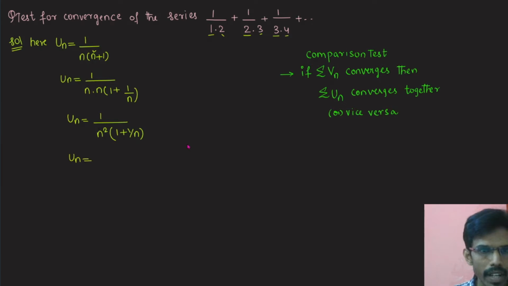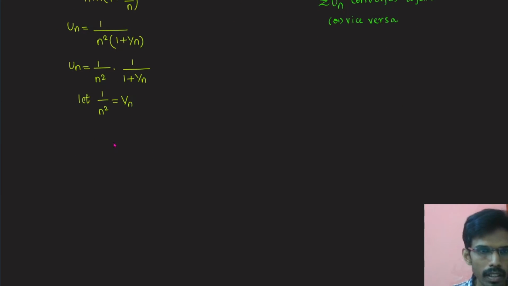Now this can be modified as 1 by n square into 1 upon 1 plus 1 by n. Now take this 1 by n square as Vn. Then this un will become Vn into 1 by 1 plus 1 by n. Now divide by this Vn, we have un by Vn is equal to 1 by 1 plus 1 by n.